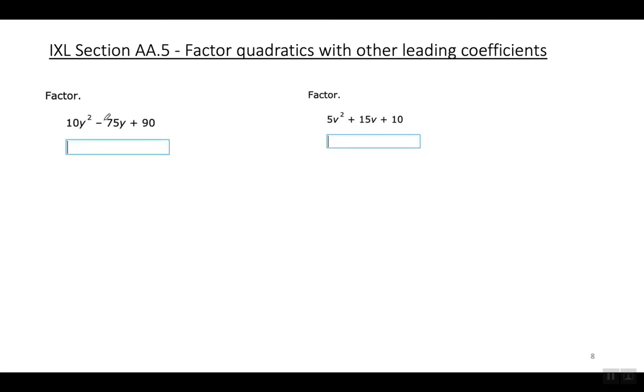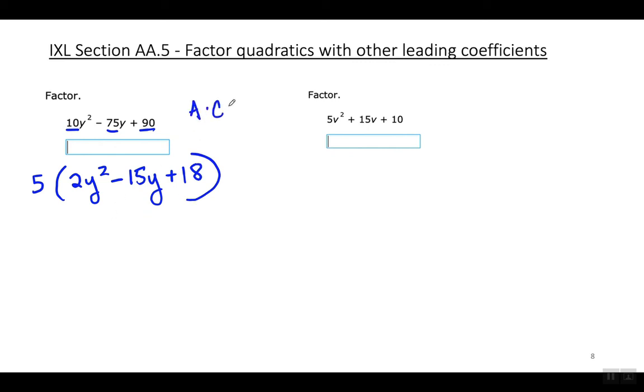All right, so let me do 2 more examples like this because this video might be taking too long. So right here, our greatest common factor that I can take out is 5. So I'm going to have 2y squared minus 15y plus 18. Okay, so now I'm going to ask myself, what's a times c?